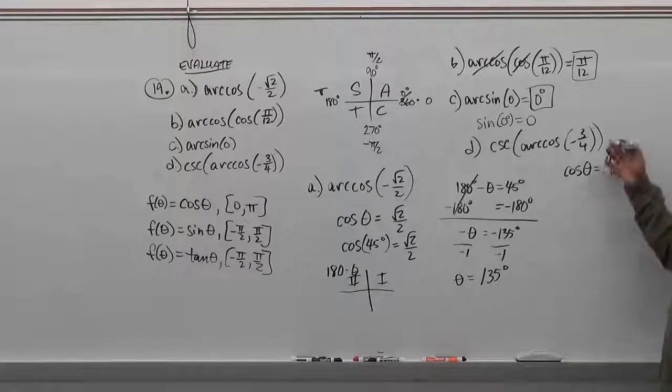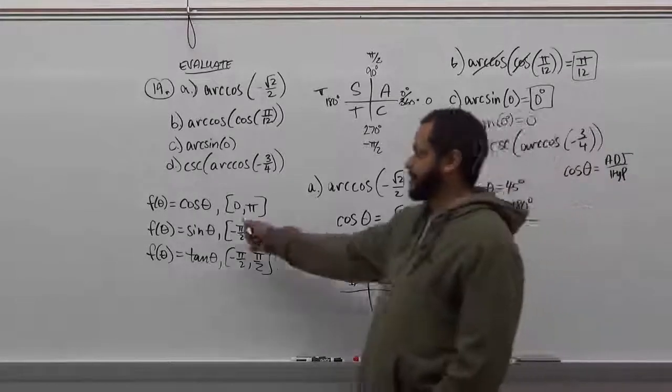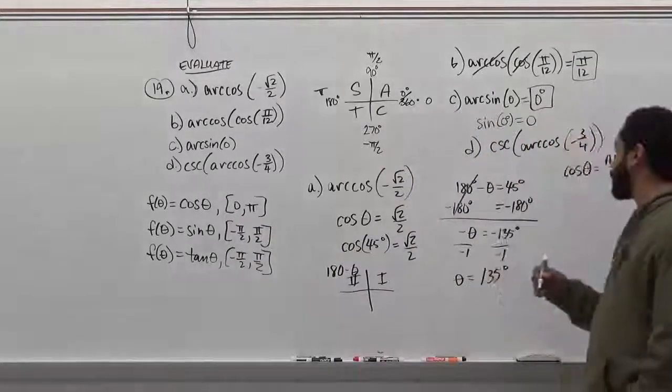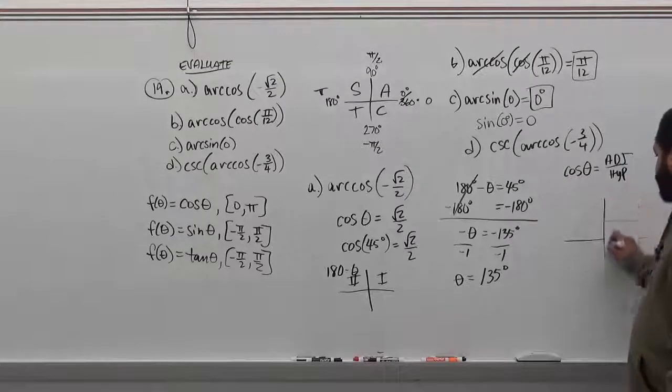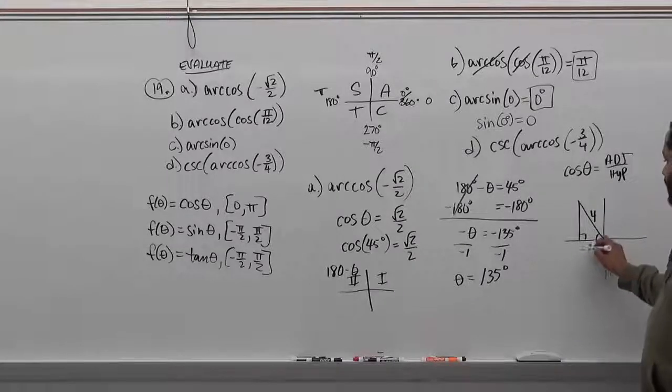So what we're going to do here is create the triangle based on the quadrant where cosine could be negative. We know cosine runs from 0 to pi, so this is going to fall in the second quadrant. Here's our angle. The adjacent side takes the negative symbol because the hypotenuse is always positive, and the hypotenuse is 4. The adjacent side is negative 3.